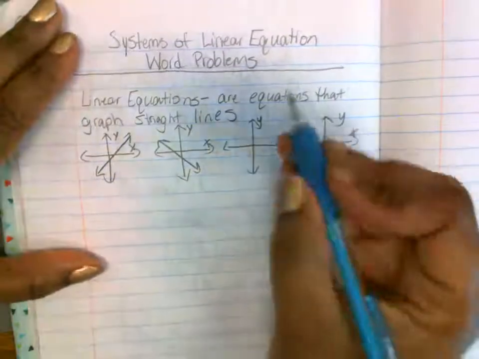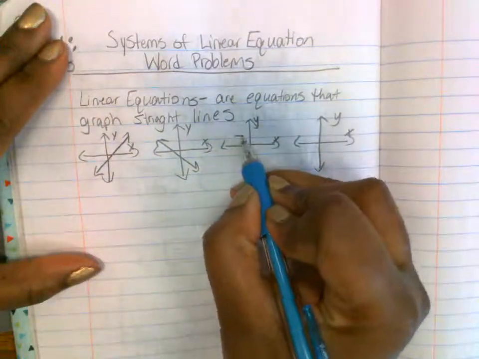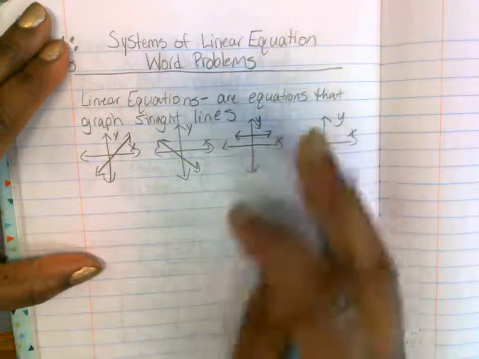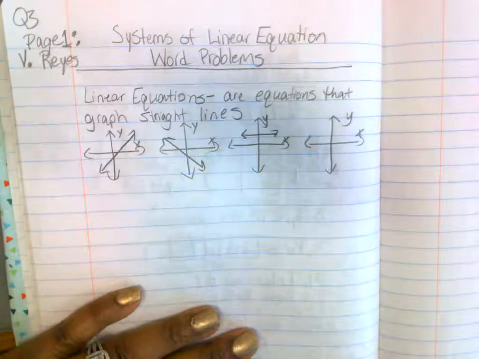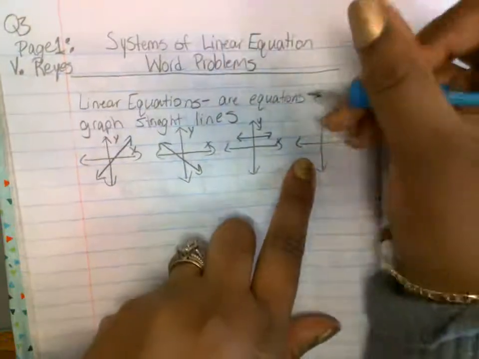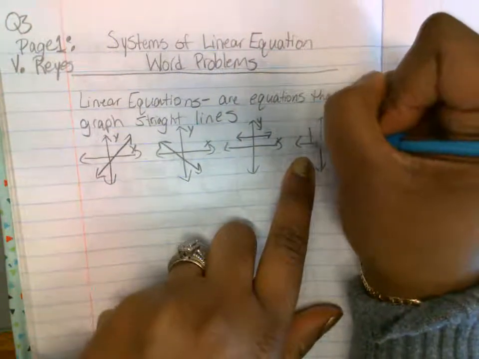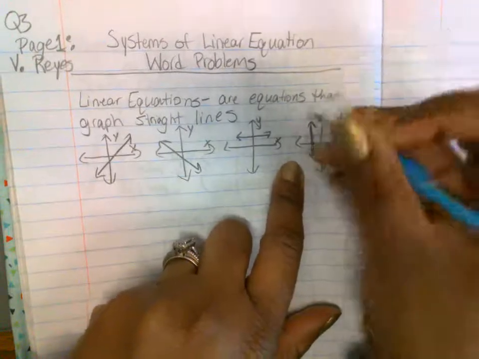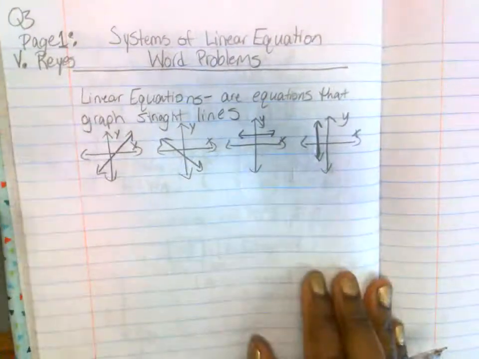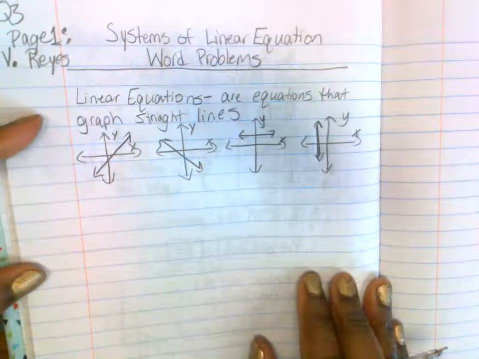Then you have your horizontal lines. They have 0 slope. It's a straight line that's horizontal. And your last type of linear equation is going to be lines that have undefined slope. Those are vertical lines, straight up and down lines. Vertical lines have undefined slope.